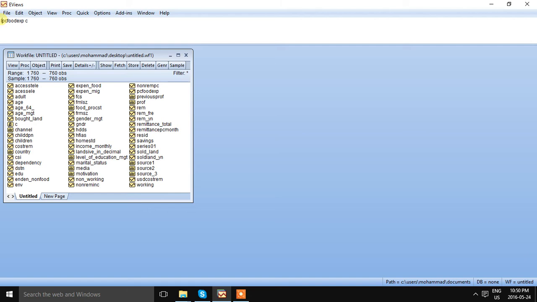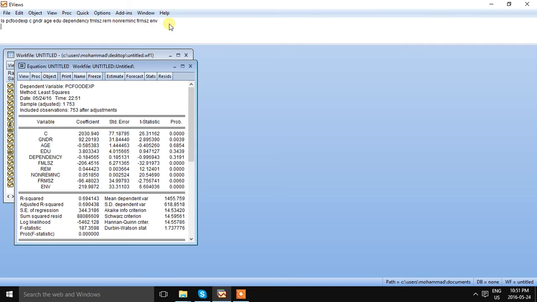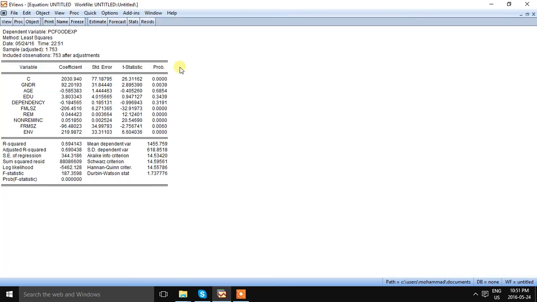We are doing least squares here, so we should write ls in the program line. We have a number of independent variables, so we are estimating that model here. Here is the result.